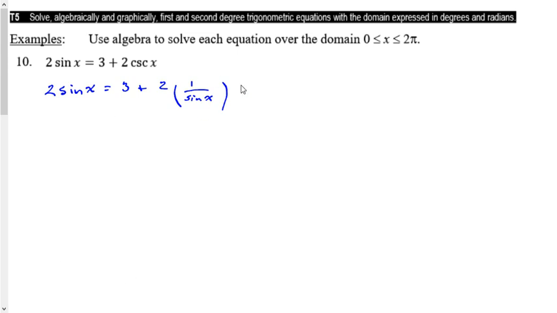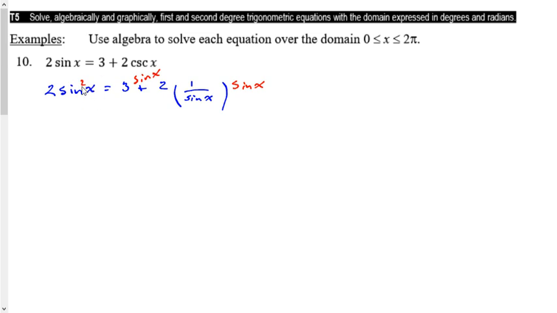Then to get rid of this sine x in the denominator, I'm going to multiply everything on both sides of the equation by sine x. So I'm going to multiply sine x on the right side, and I'm going to distribute it right away, so I end up with this 3 times the sine x as well. And then sine x here times sine x will give me sine squared x.